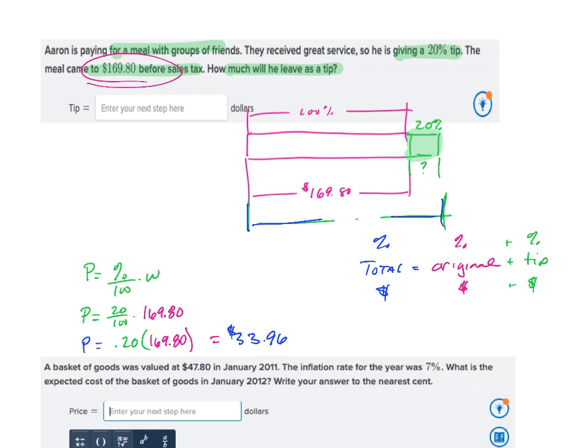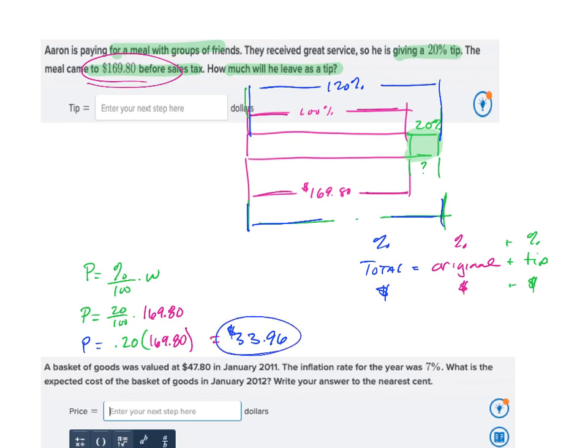It doesn't matter, because if I look, this is 100% of my original cost, which is $169.80. So if I add on the 20%, then really I'm paying 120%. So if they're asking you for the total cost, you can either figure out the tip in dollars, which we just did.